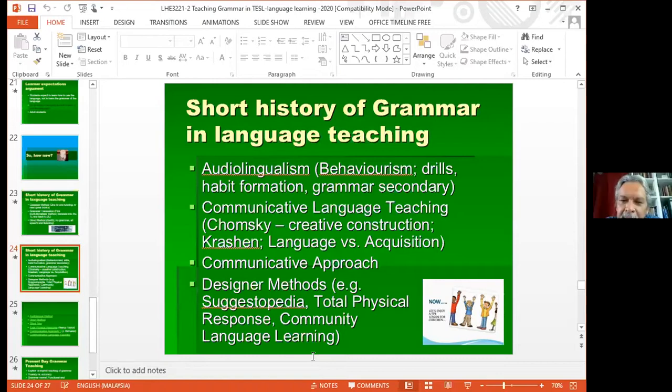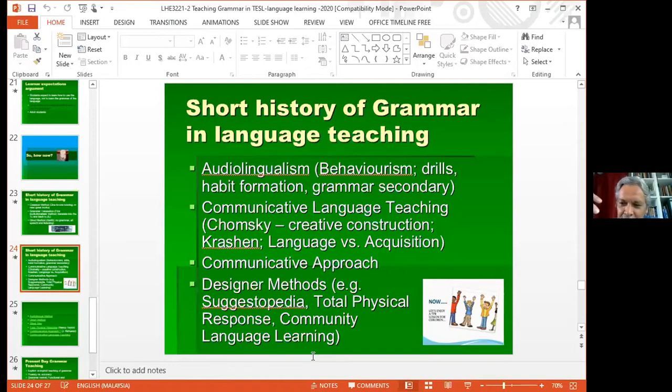Okay. A lot of these designer methods focus on one or another aspect of acquisition. Like, for example, the thing with TPR is that sometimes people don't want to respond immediately to something, right? They don't want to use the language immediately. So with TPR, you can still assess or gauge whether students understand you or understand the language.